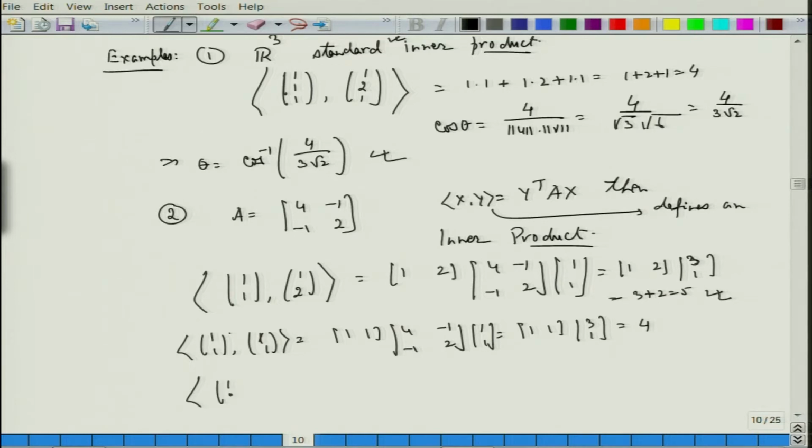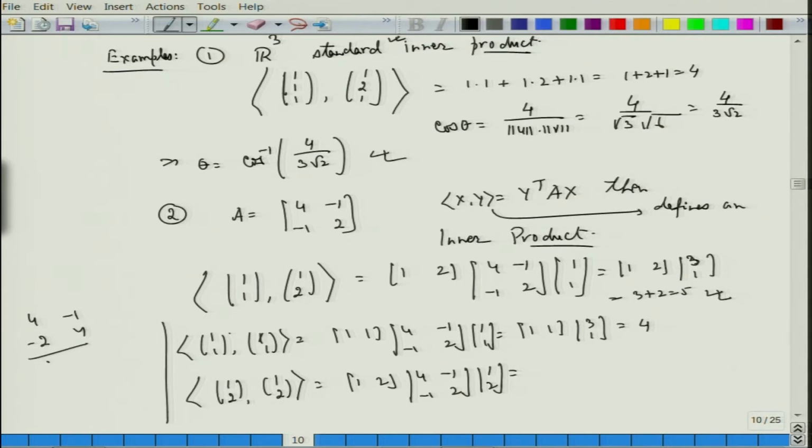With 1 2 and 1 2, if I look at it, it will be 1 2 times 4 minus 1 minus 1 2 times 1 2. Let me write it, because I do lots of mistakes. So 4 minus 1 and multiplied by 2, so minus 2 and 4.